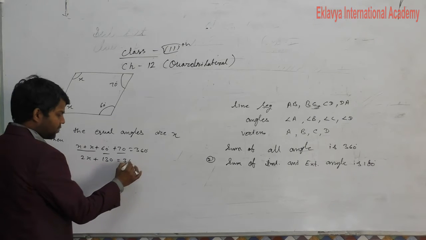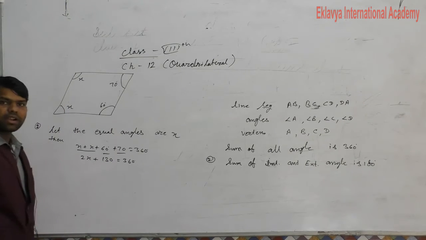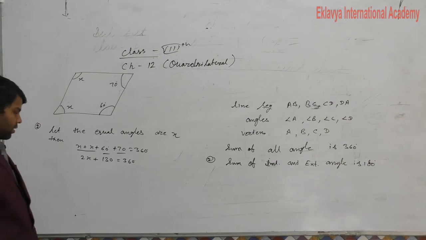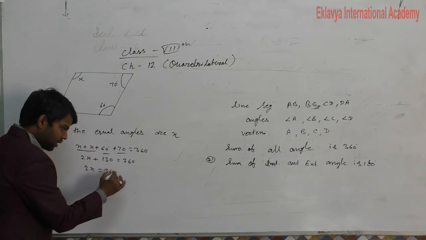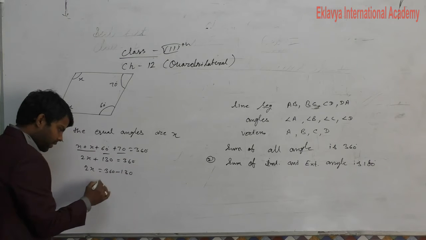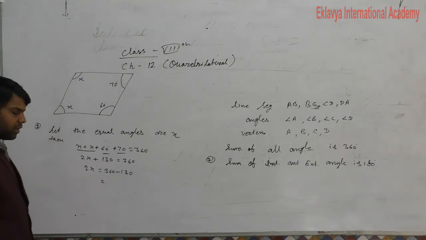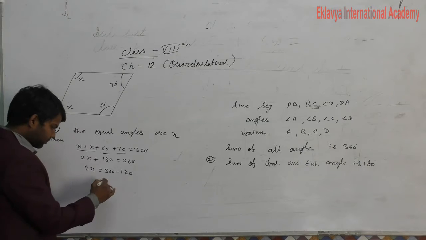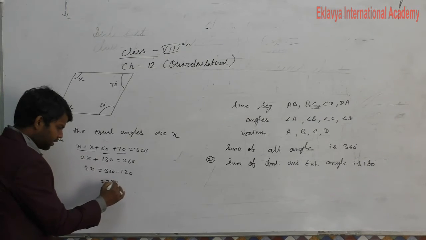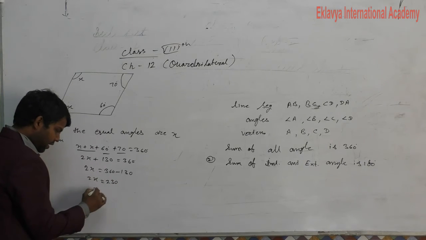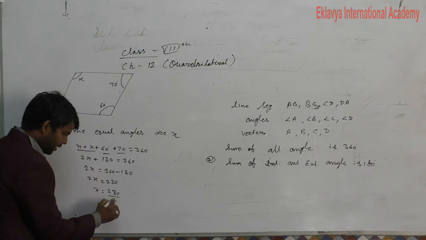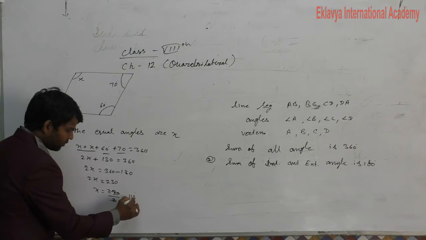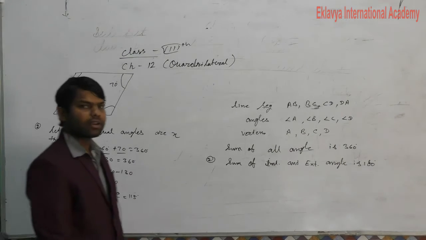total 130, is equal to 360 degrees. Then 2x is equal to 360 minus 130, which is 230, and x is equal to 230 divided by 2, 115 degrees.